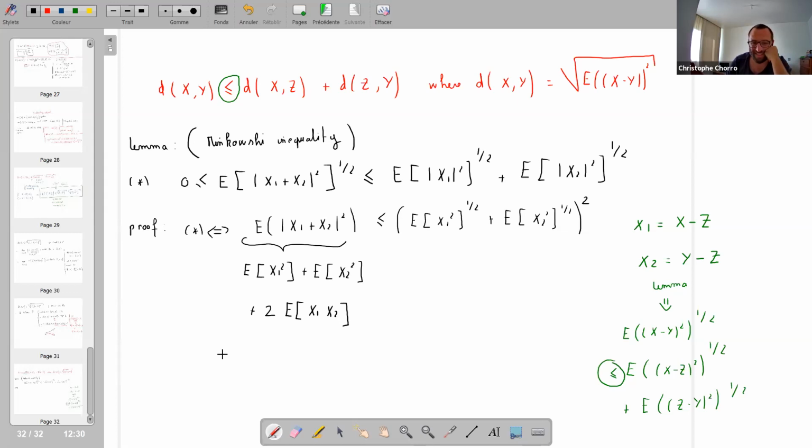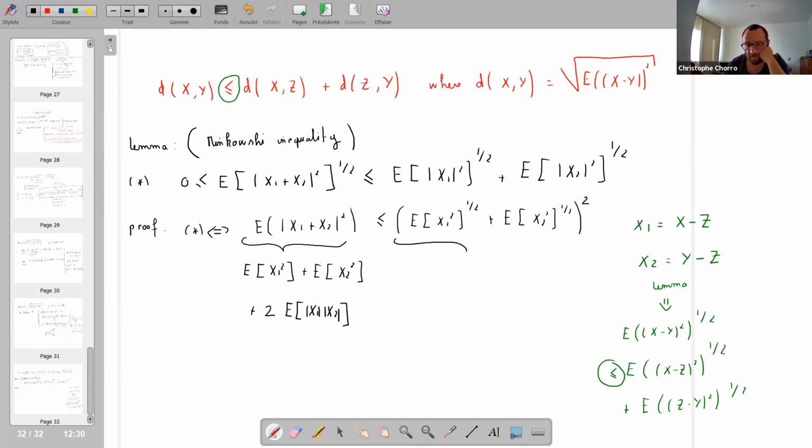And in the same way, since I have a square here, I can also put an absolute value here. That doesn't change anything, because I have a square here.